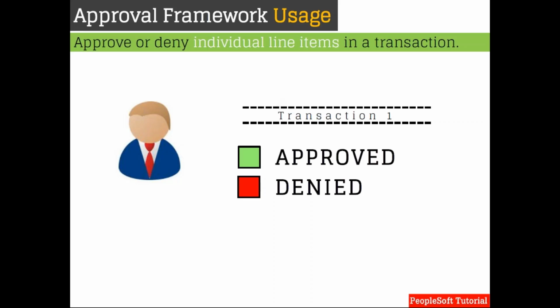All those things we can add in one expense request, or maybe we can just add one item per expense request. So this usage says approve or deny individual line items in a transaction. So that particular expense request only has one transaction which can be approved or denied, which is the simplest way of setting up the approval framework.